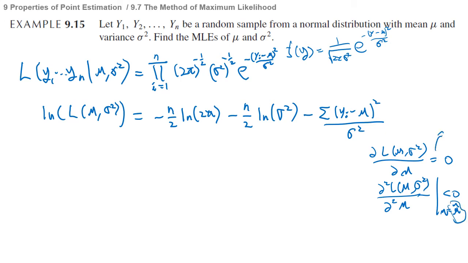We solve for mu hat, and so to do that we differentiate this thing.